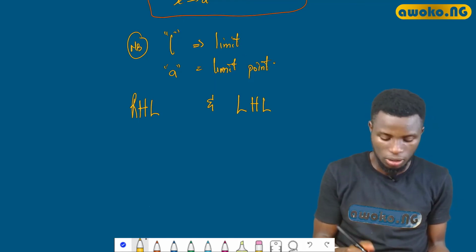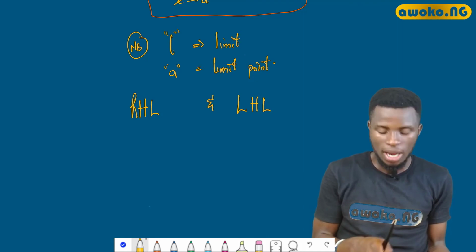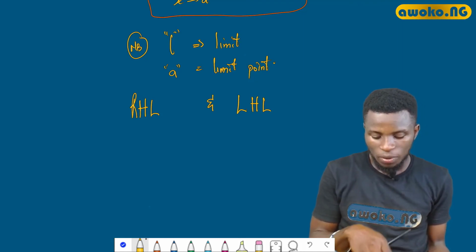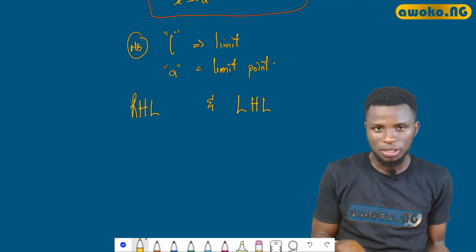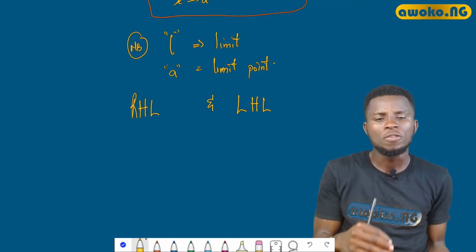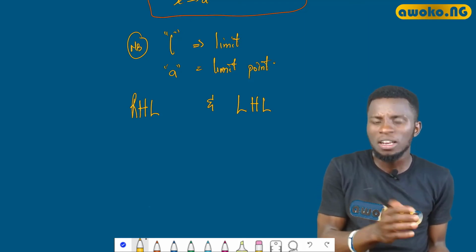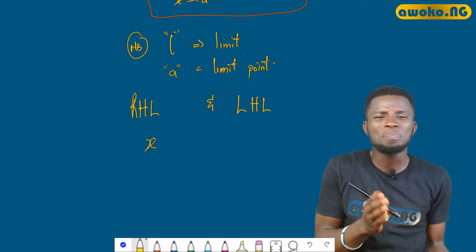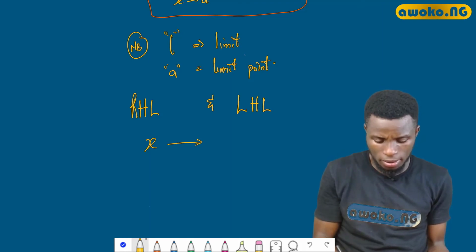I'll shorten it using RHL for right hand limit and LHL for left hand limit. This simply shows the direction from which the independent variable x approaches a particular number a.